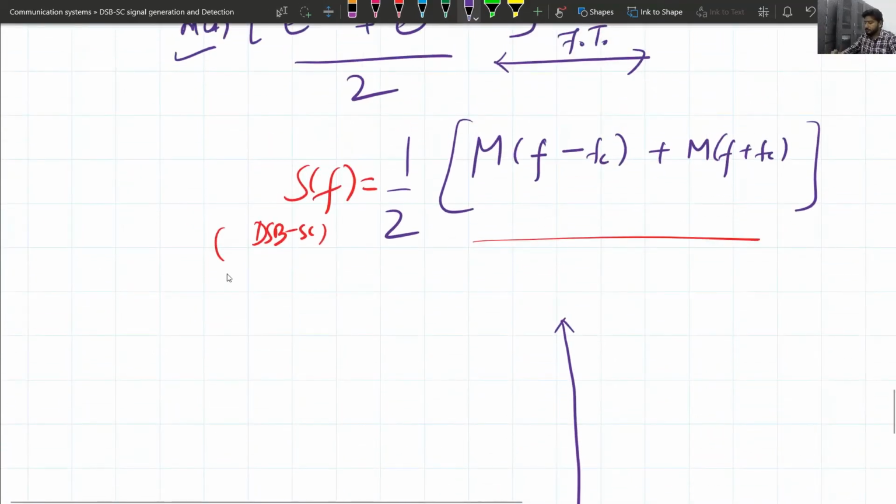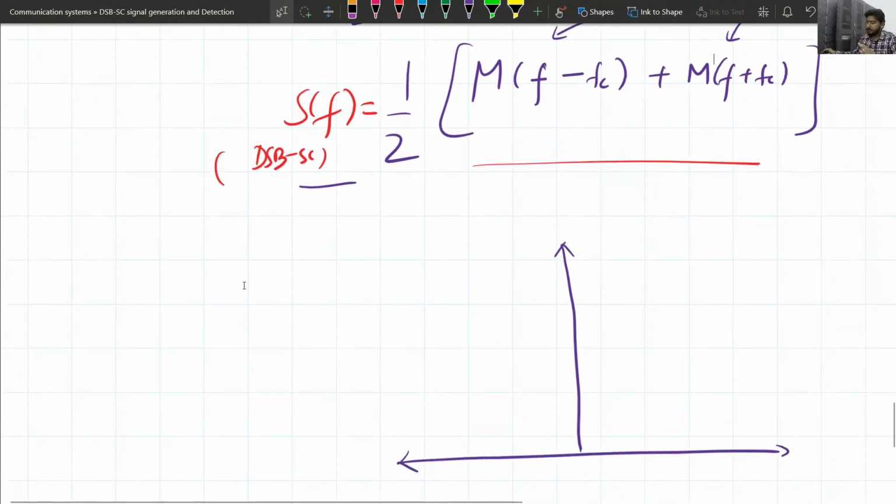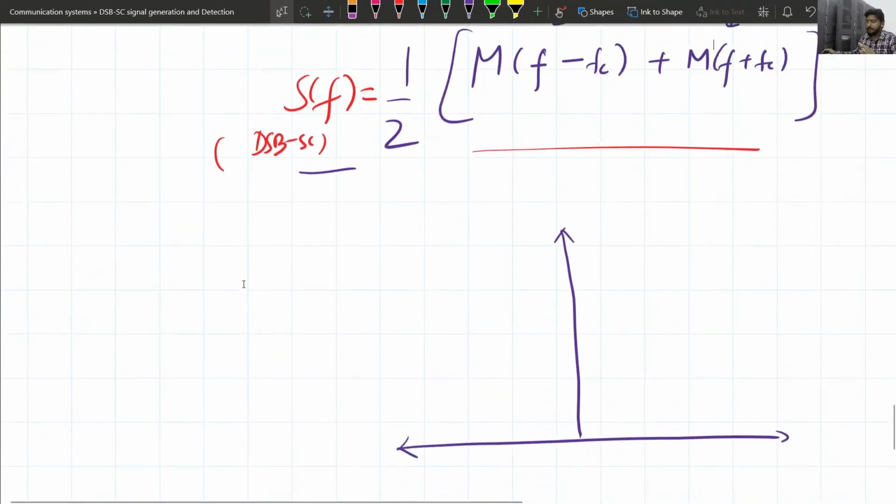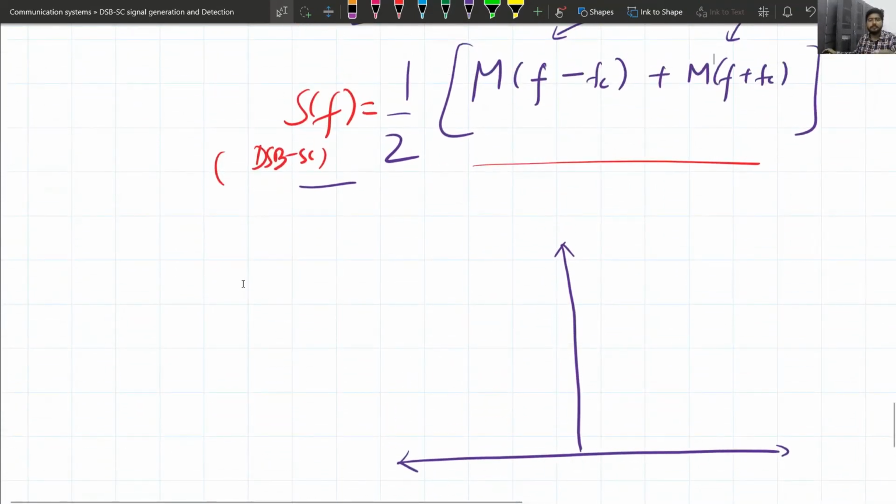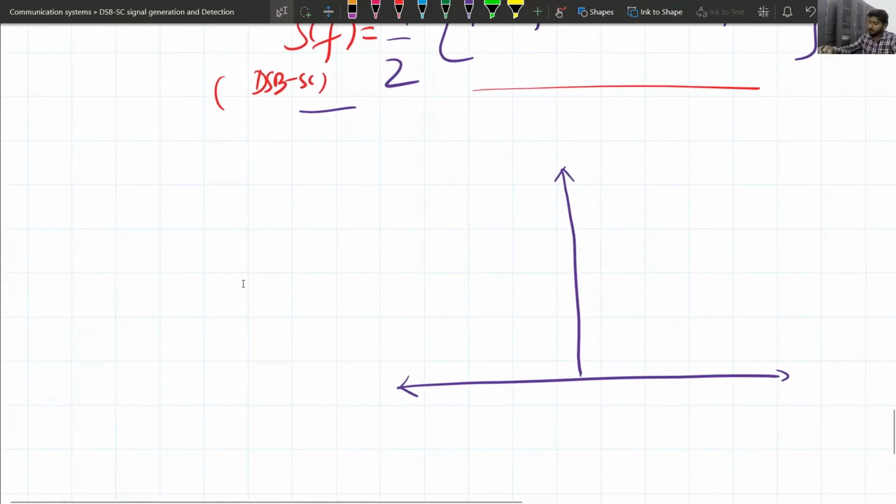So this S(f) is just the message signal shifted by the central frequency fc, which will be represented here, and on the negative side as well.